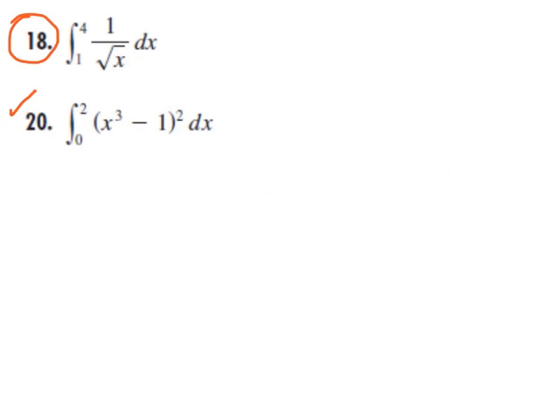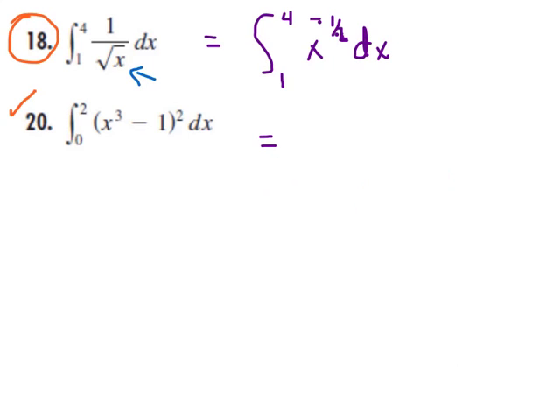Okay, number 18. This is an x to the 1 half down here. So to use the power rule, you can't leave anything in the denominator, so we have to rewrite the function first. So x to the 1 half on the bottom will be x to the negative 1 half up at the top. Okay, and now we can use our power rule.